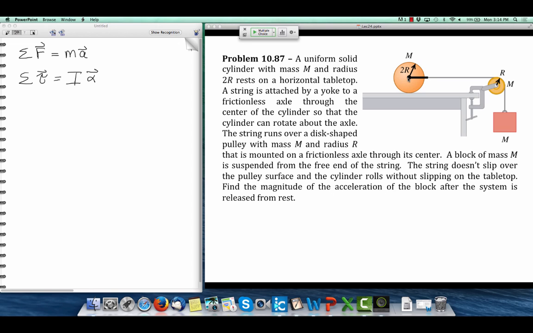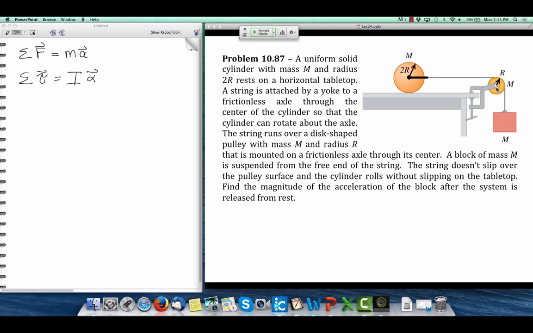Because there's two kinds of motion for that cylinder, we're going to need to write this equation twice. Because there's only one kind of motion for this mass, and it's translational motion, the movement of the mass through space, not anything rotational, we'll just need one equation, that first equation, F equals ma.